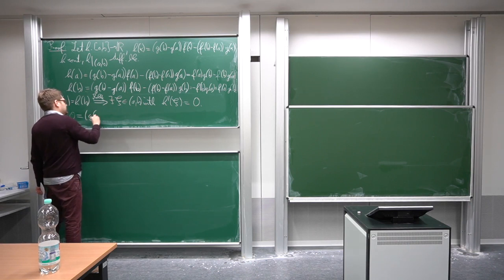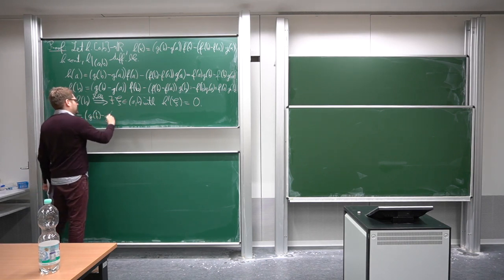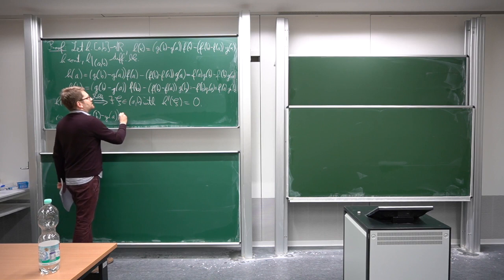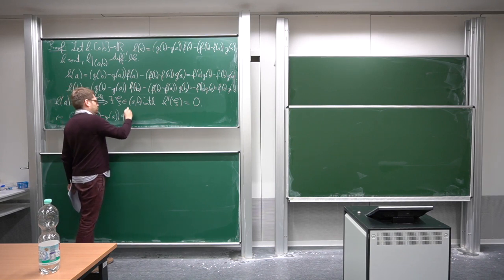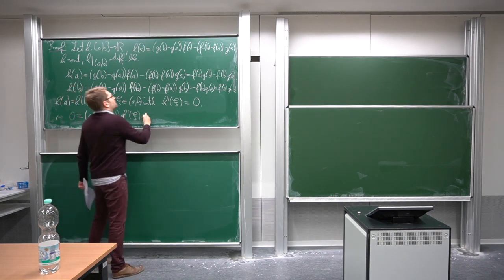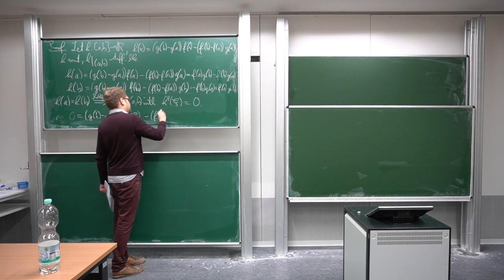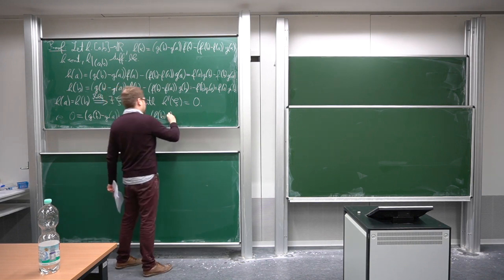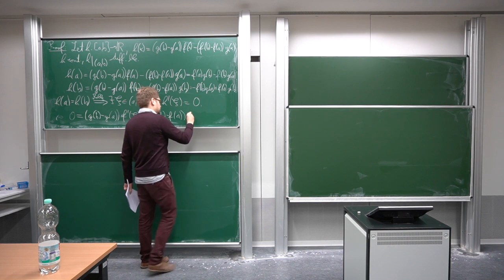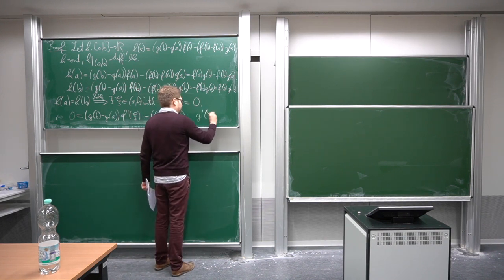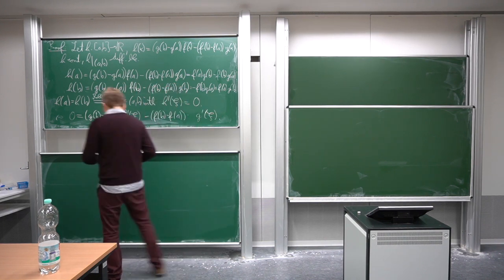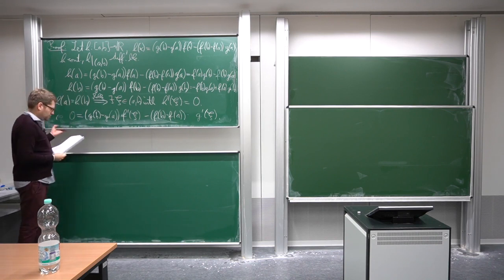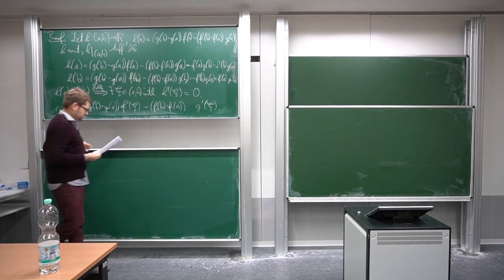So this is (g of b minus g of a) times f prime of psi minus (f of b minus f of a) times g prime of psi. Okay, so now we just need to reformulate this, and we see that we're almost there.